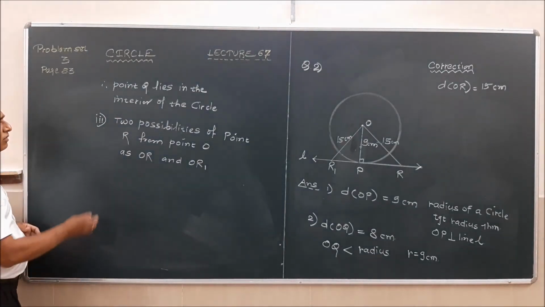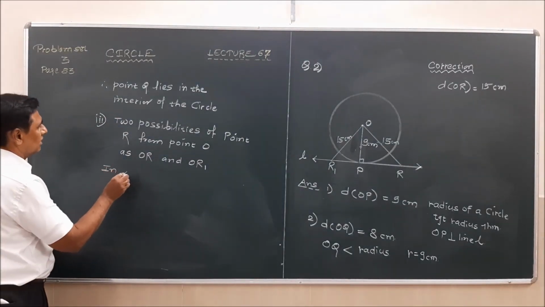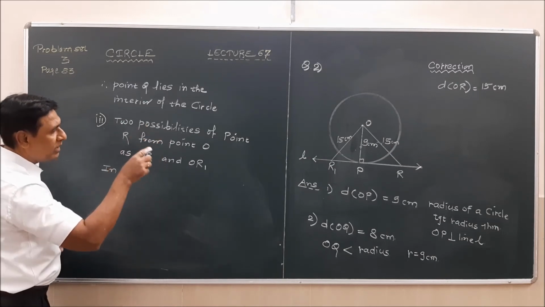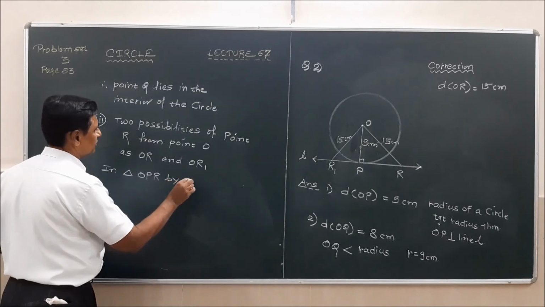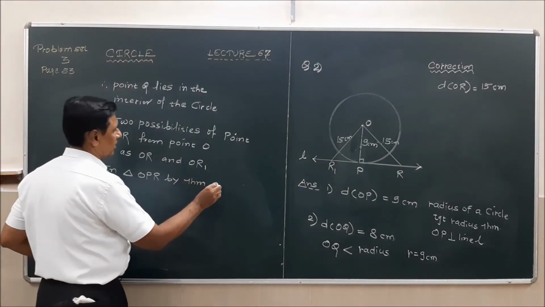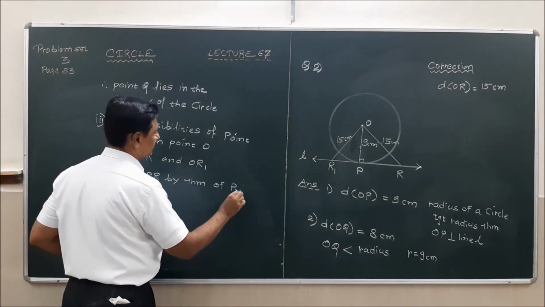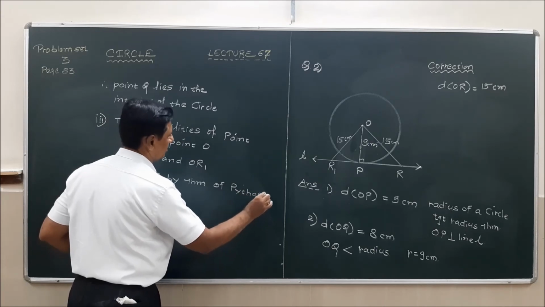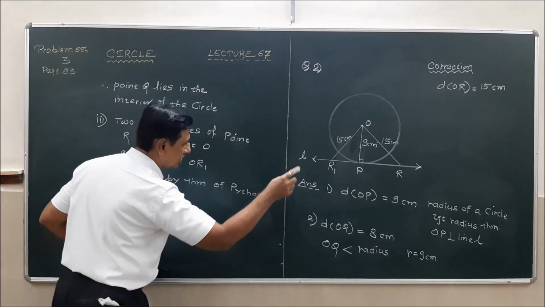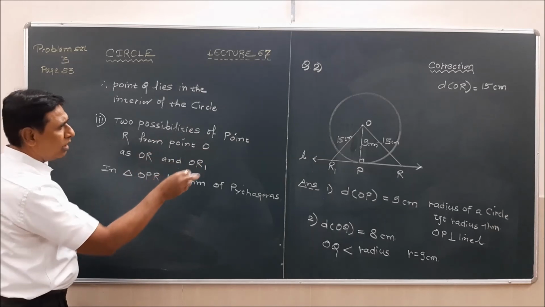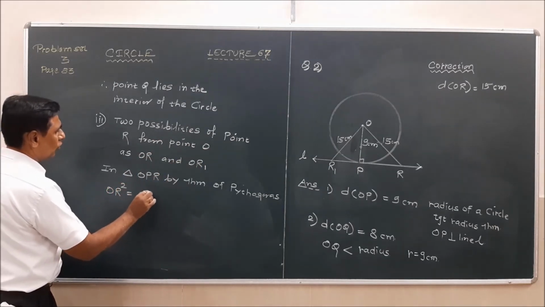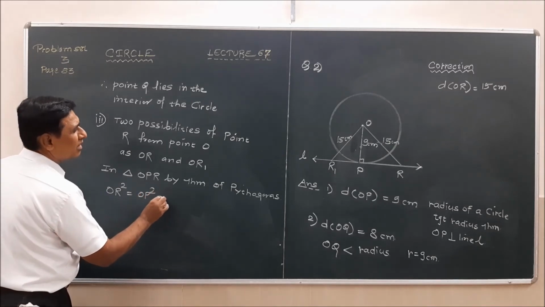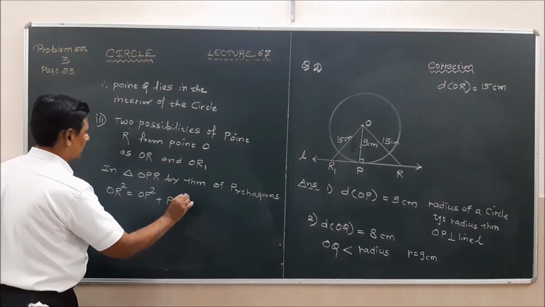Okay, so in triangle OPR, by the theorem of Pythagoras, OR square is equal to OP square plus PR square.